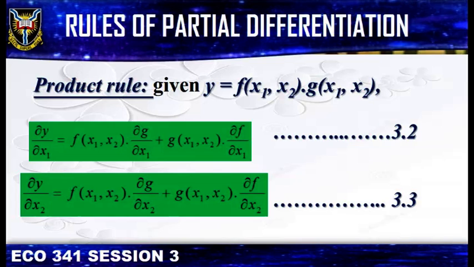Partial y over partial x2 equals f(x1, x2) times partial g over partial x2 plus g(x1, x2) partial f over partial x2, equation 3.3.